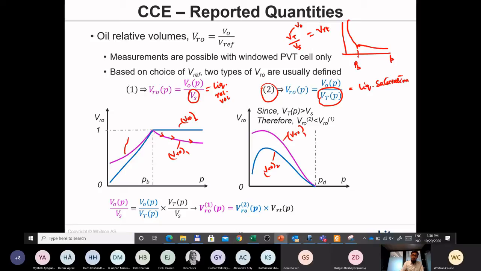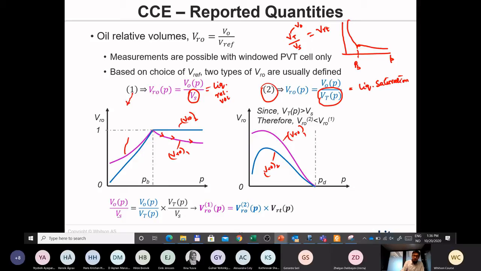So if, for example, there is no VRO in the PVT report, and you only have this VRO in the report, then you can calculate the other one with this simple relationship.